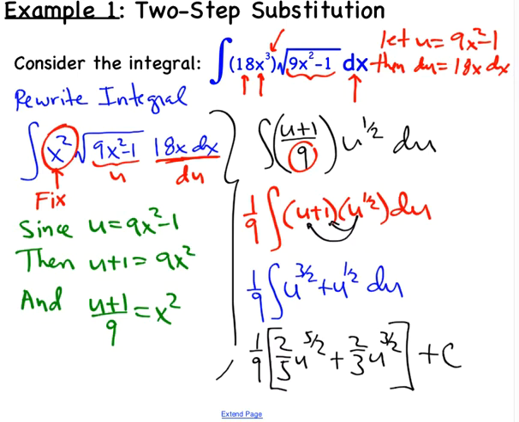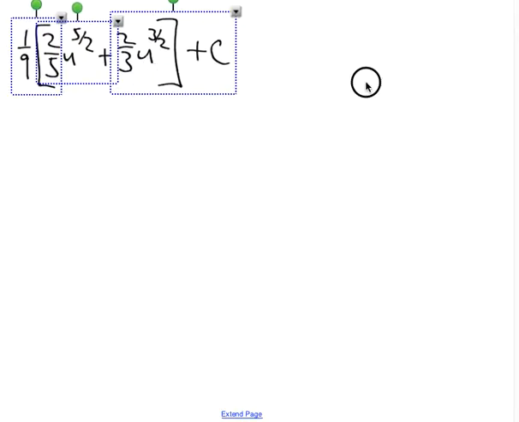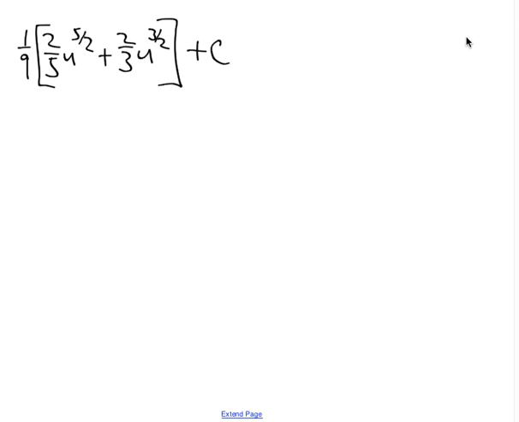The next step is let's return that u variable back to a variable of x. So we're going to replace u, every instance of u, with 9x squared minus 1. So we'll continue this on another page. So we have 1/9, and then 2/5, parentheses, 9x squared minus 1, to the 5/2 power.